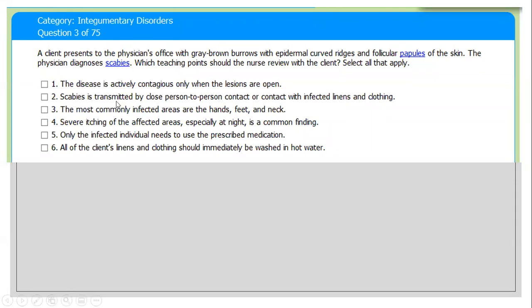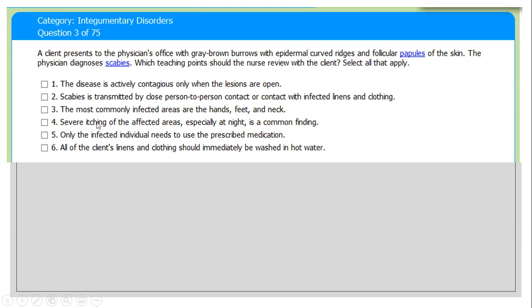Number 2, scabies is transmitted by close person-to-person contact or contact with infected linen and clothes. Number 3, the most commonly infected areas are hands, feet, and neck.